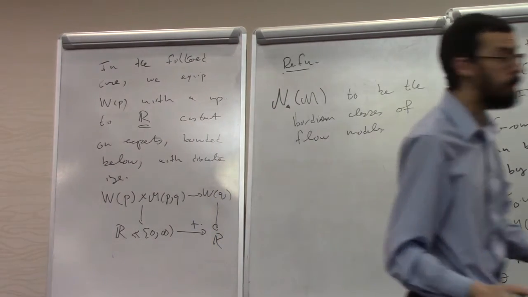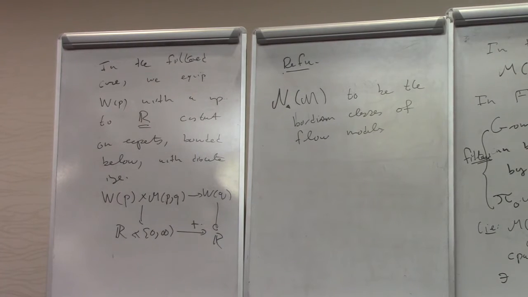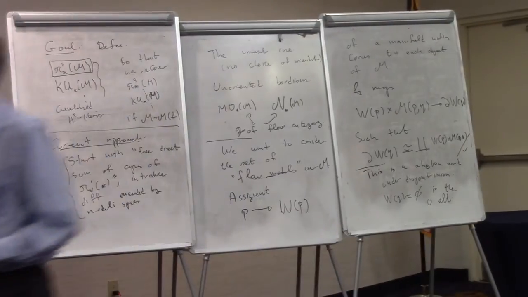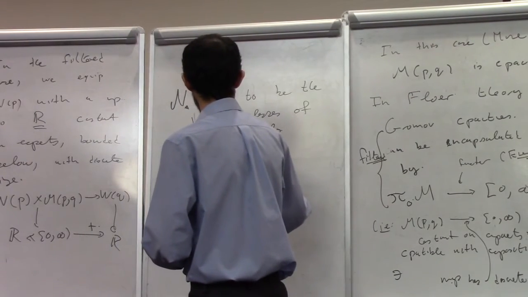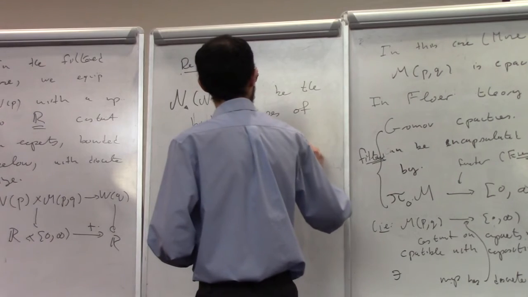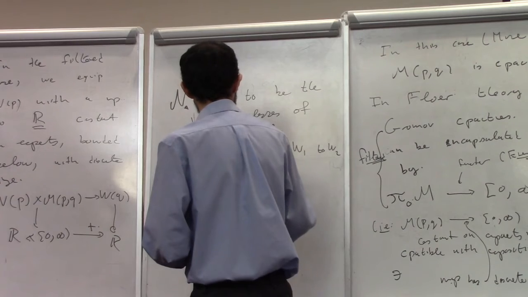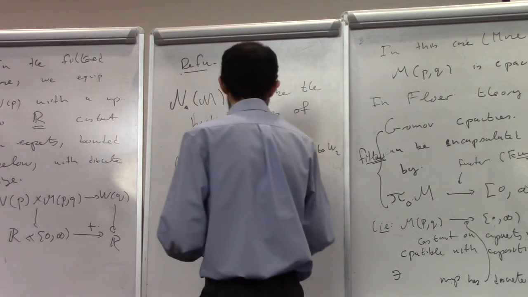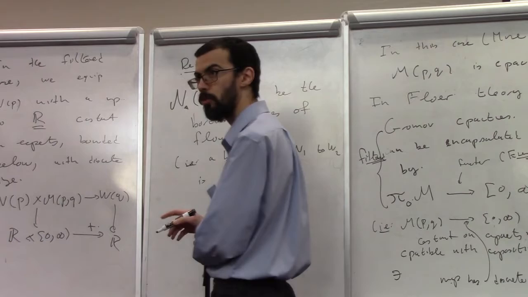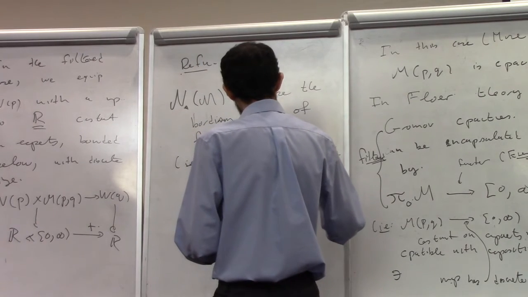What that means is, in this definition I said the boundary of W_Q is essentially covered by the product of these compositions. And more generally, if you take a bordism from W_1 to W_2, it is an assignment, let's call it W_12. It is also a flow module, a choice of W_12 and P with maps like this.